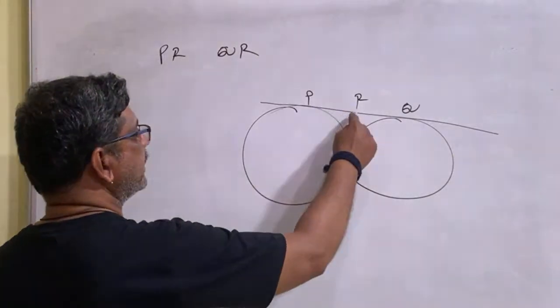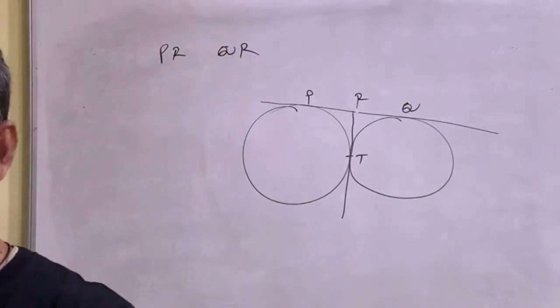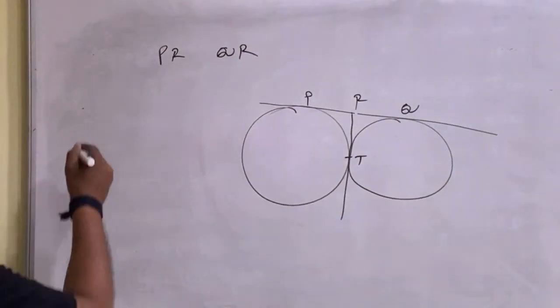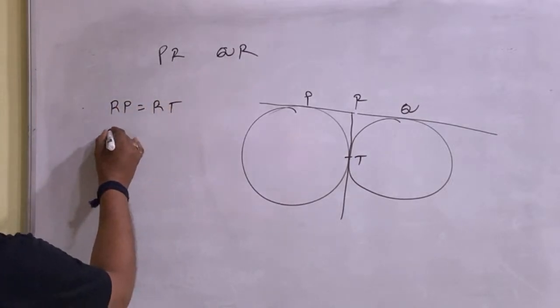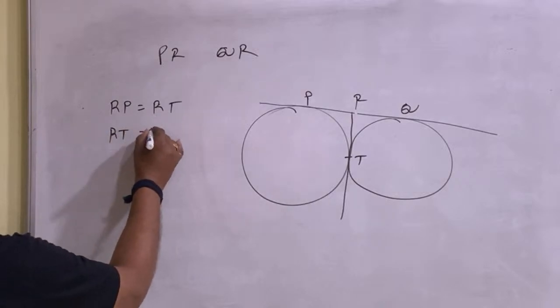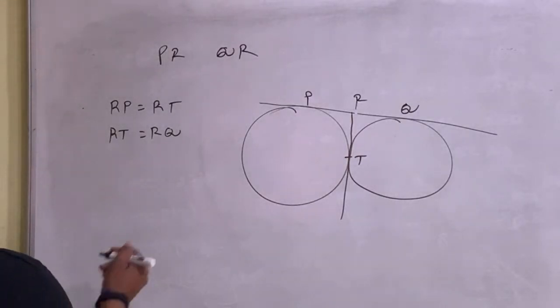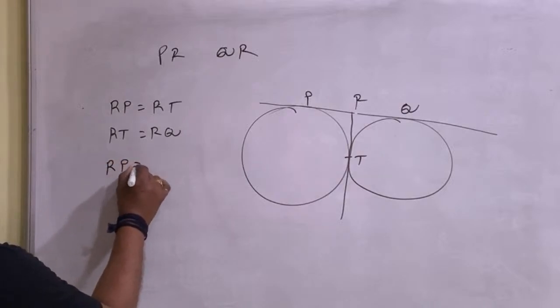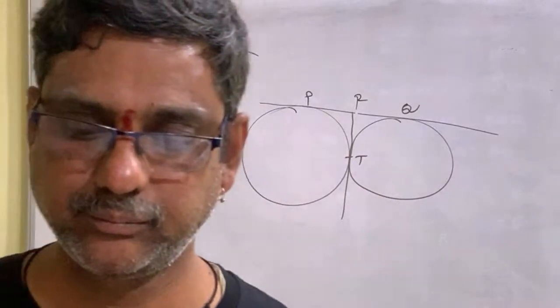RP is equal to RT. In the same way, RQ is equal to RT. Reason: tangents drawn from an external point of a circle. Here the external point is R. So from 1 and 2 we can say that RP is equal to RQ. Maybe a 2-mark problem.